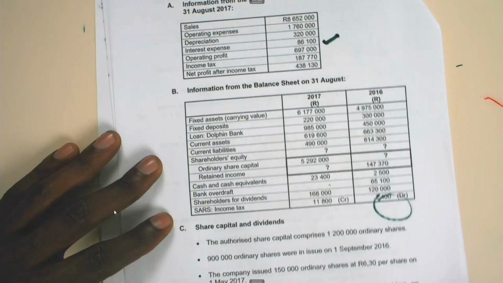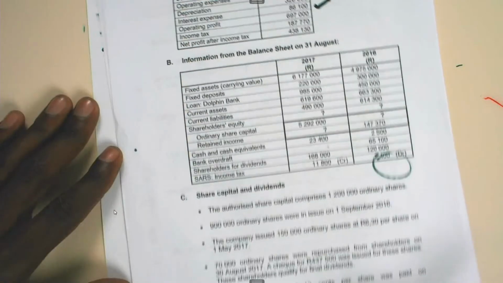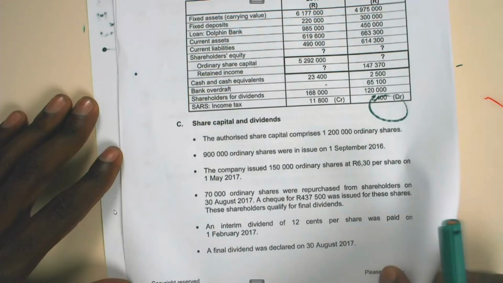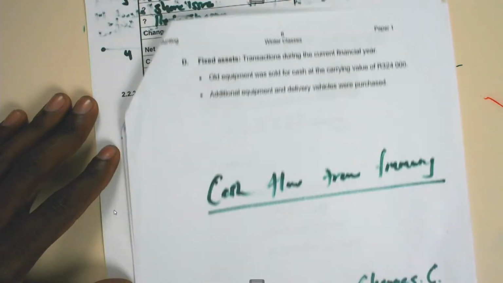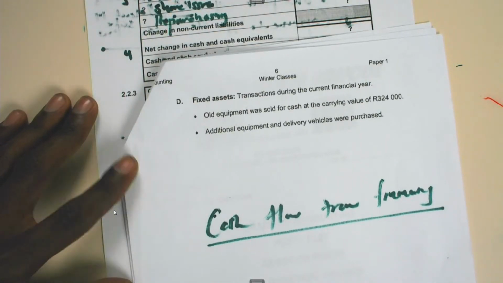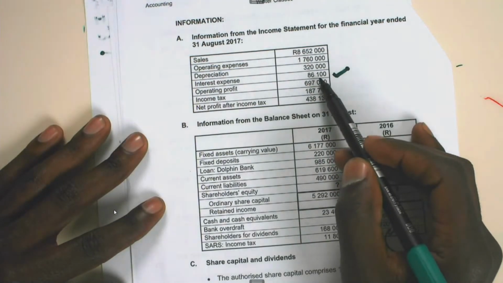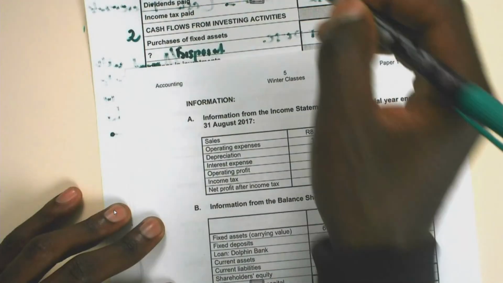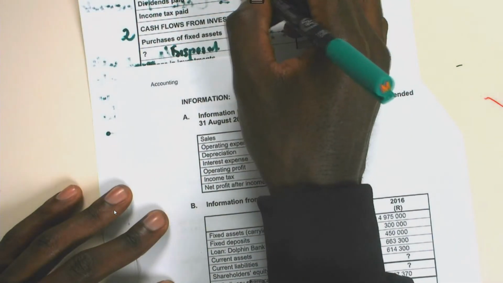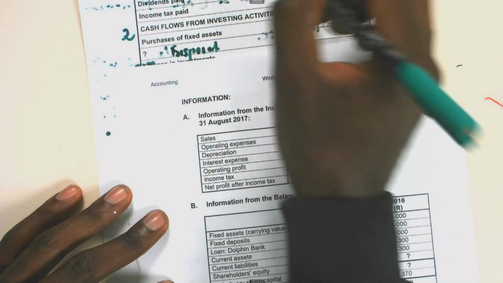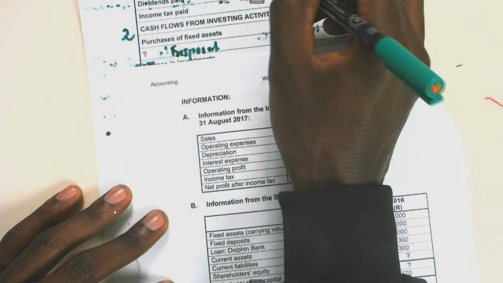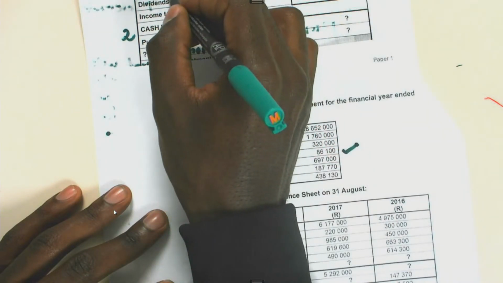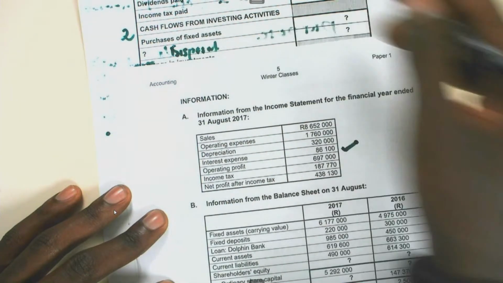They don't mention anything on interest on overdraft. Even if we go to the next page, they still don't mention anything on interest on overdraft. So this simply means the interest that we see there on the income statement will automatically represent the interest that is supposed to be paid, which is going to be 86,100.